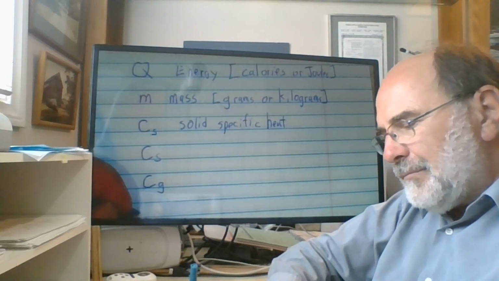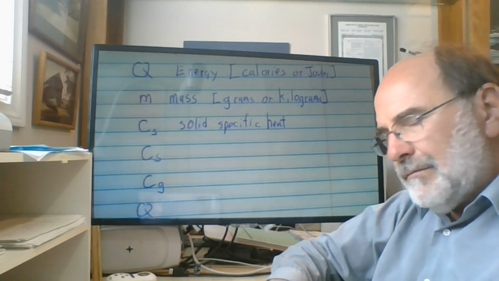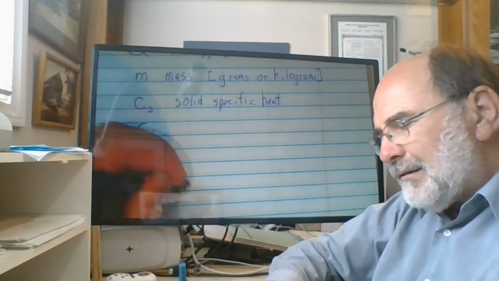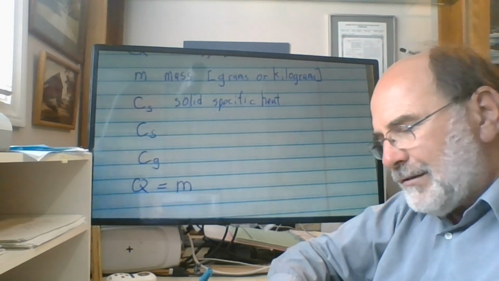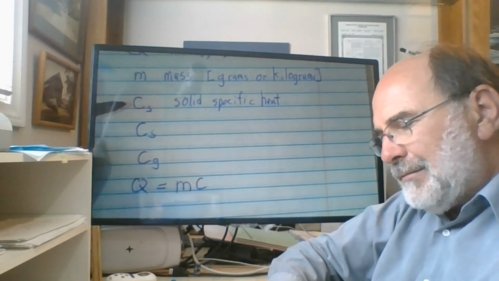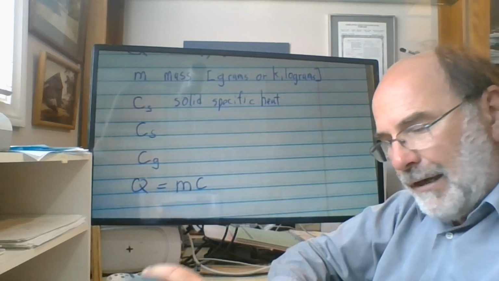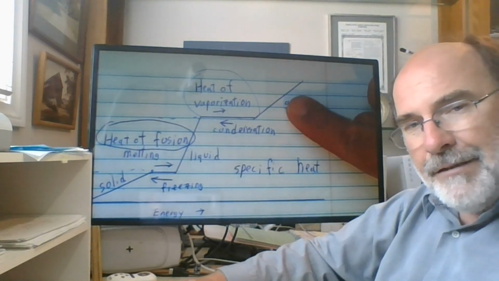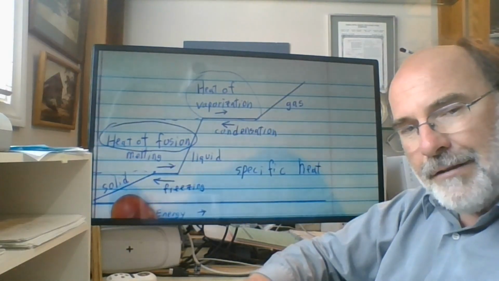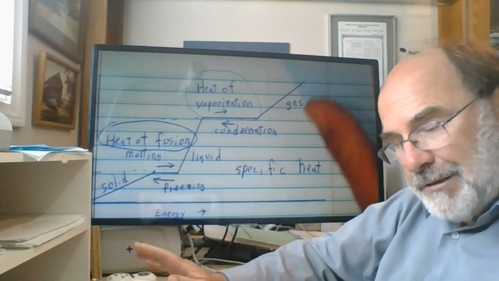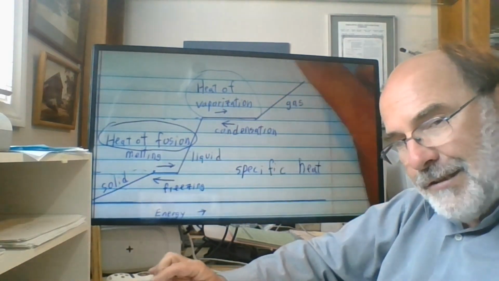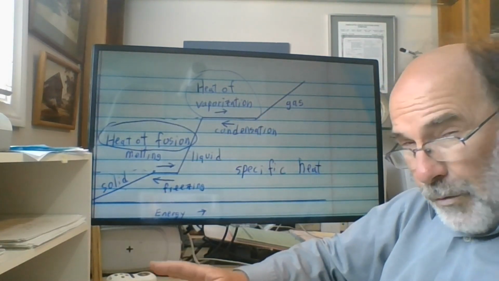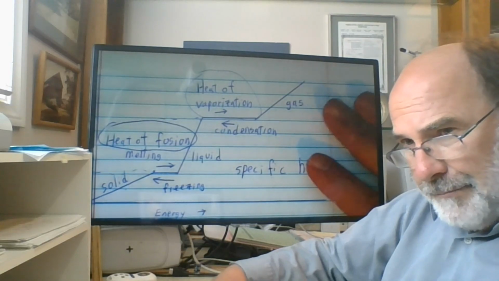The equation becomes the amount of heat energy that a substance has is the product of the mass of the substance times its specific heat, and you have to realize, okay, that's different for a gas than it is for a liquid than it is for a solid. So you need to be very specific about what phase state you're talking about. Are you talking about liquid water? That's 1 calorie per gram.